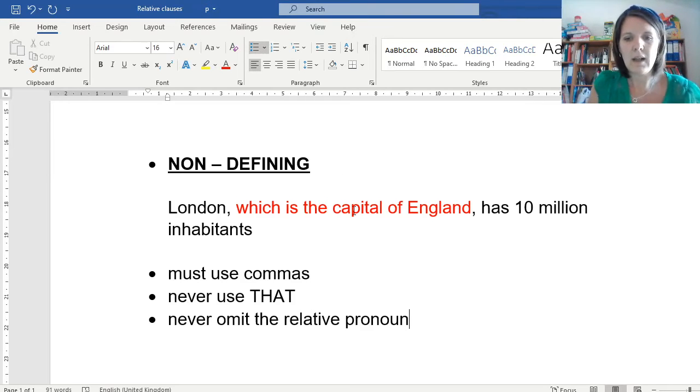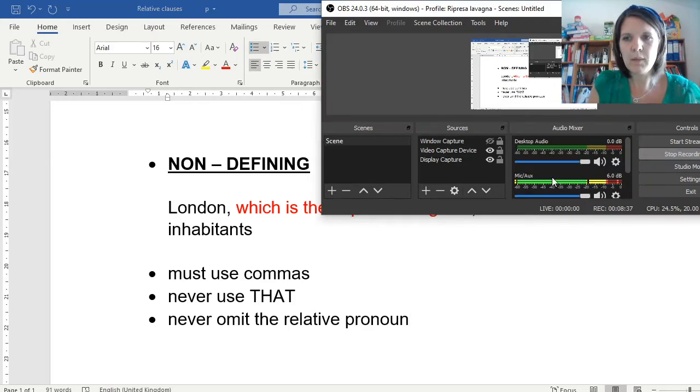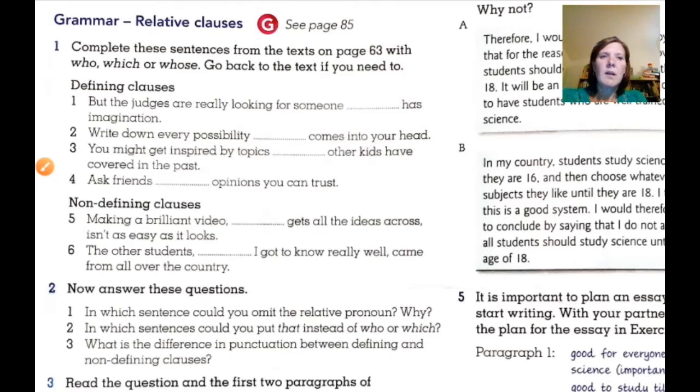Okay, let me pause for a moment while I find the next exercise. Okay, so just for a bit of practice about what we saw related to relative pronouns and relative clauses, if you have a look at page 64 in your book, and I'm showing it to you on the screen now.